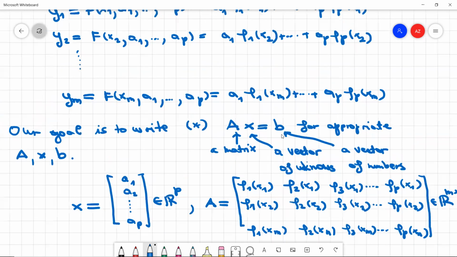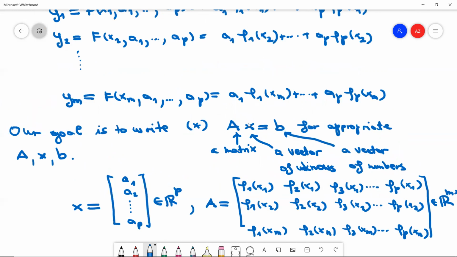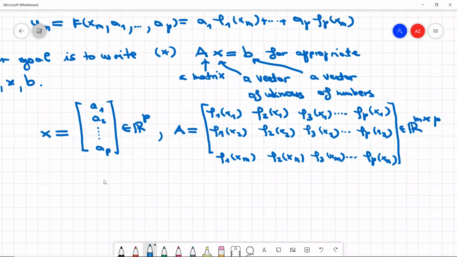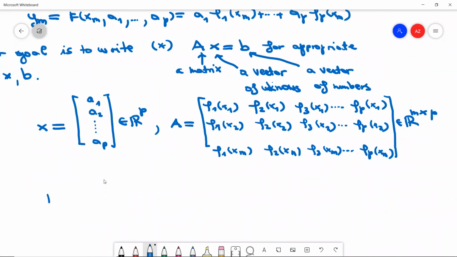And what remains is the right-hand side of the system, which is just a vector of known values. In this vector we have the y's. So vector b is y1, y2, up to ym. So it's a vector from R to the power of m, an m-tuple.